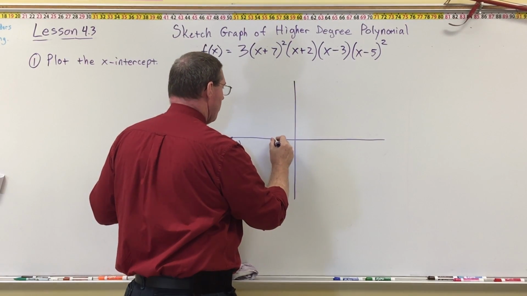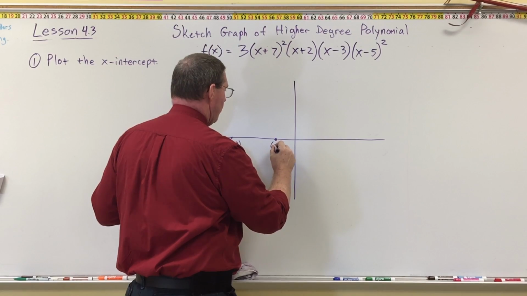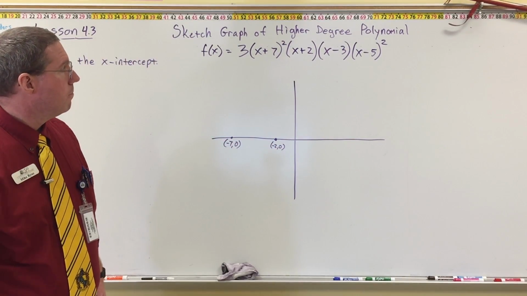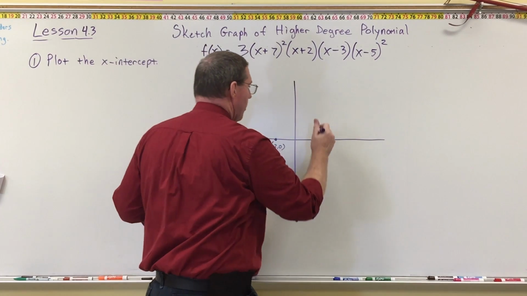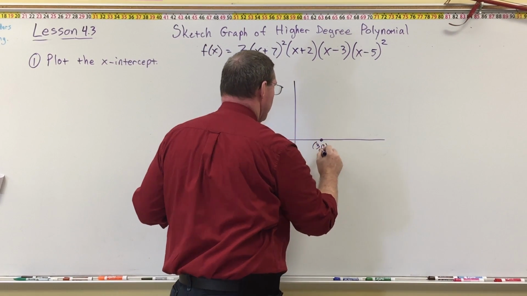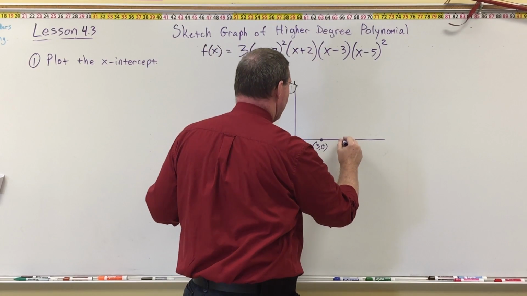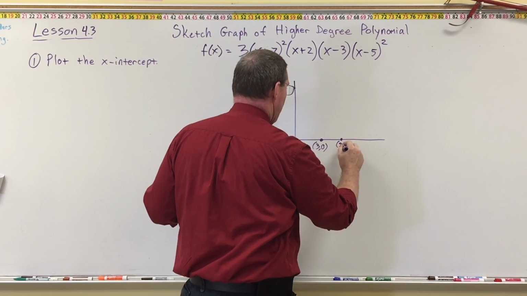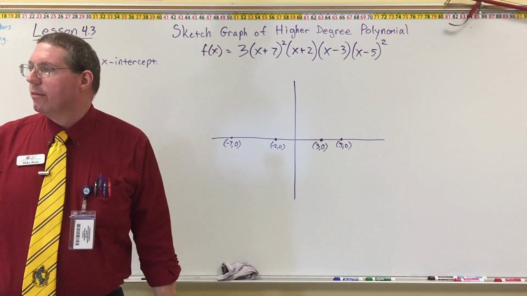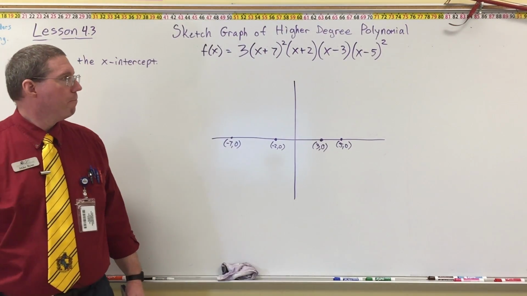So we're going to plot (-2, 0). Good. And 3 is the next one, right? Okay, good. So we're going to plot that right about here. (3, 0). Good. And 5. So we'll put that one right about here. All right, so step 1: plot the x-intercepts.